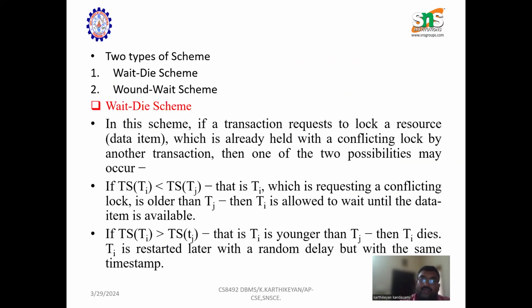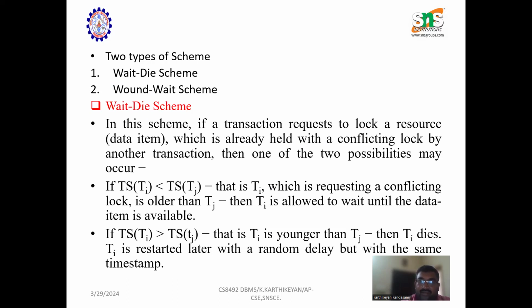There are two types of schemes: the wait-die scheme and the wound-wait scheme. In the wait-die scheme, if a transaction requests to lock a resource, a data item, which is already locked with a conflicting lock by another transaction, one of two possibilities may occur.